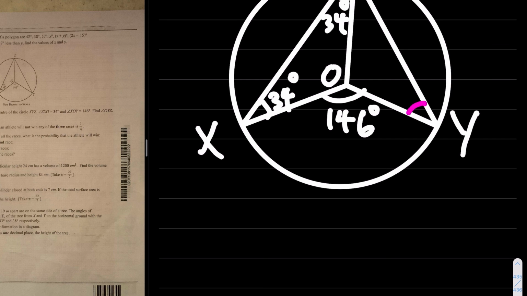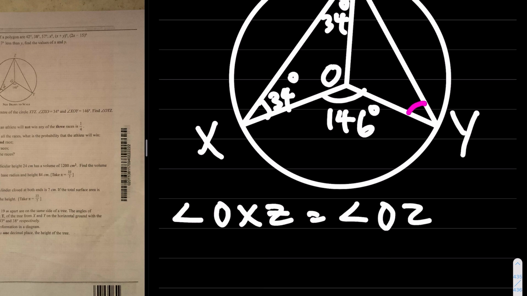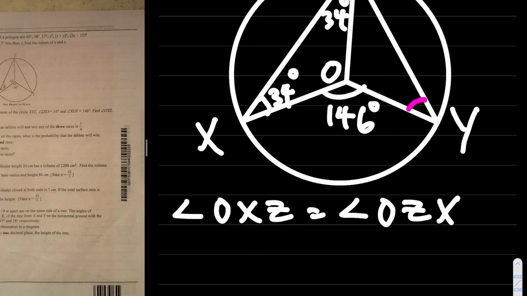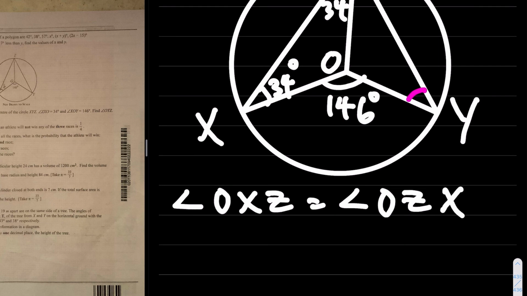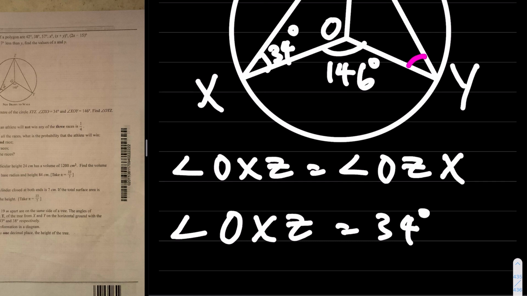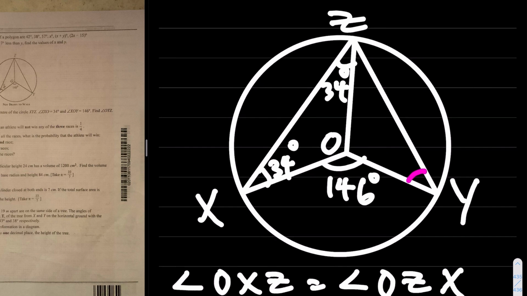That's the first thing I'm going to write: angle OXZ equals angle OZX, and the reason is base angles of an isosceles triangle. So that simply means angle OZX equals 34 degrees. Now we know that.